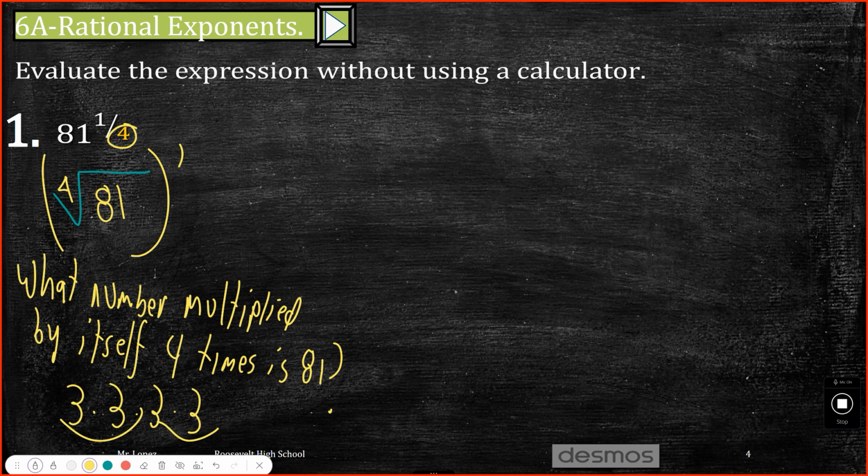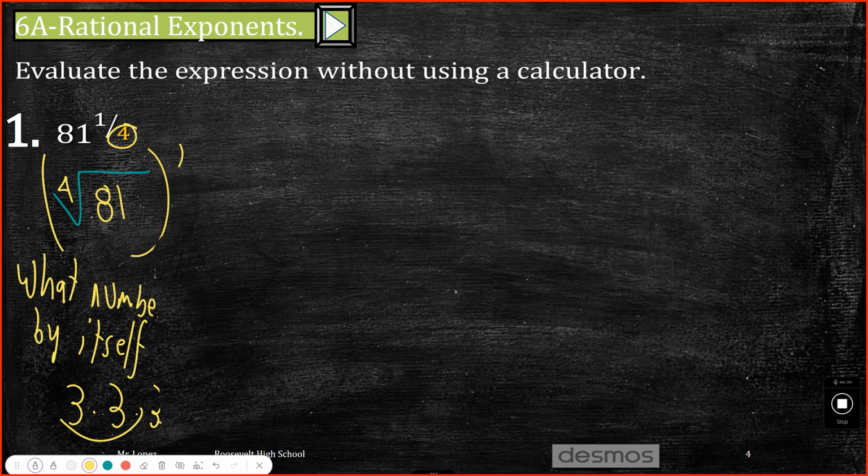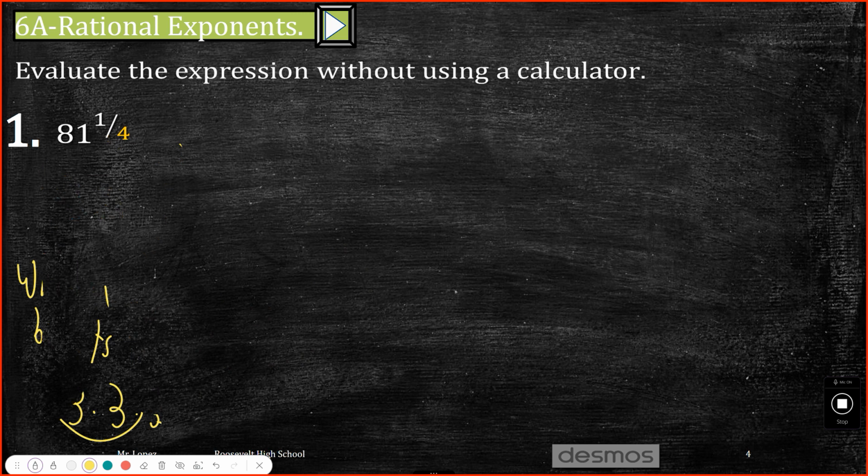That's all it's saying. So now you got 81 as the answer for the inside, to the 1 power. 81 to the 1 power is just 81. I mean, the answer is 3.